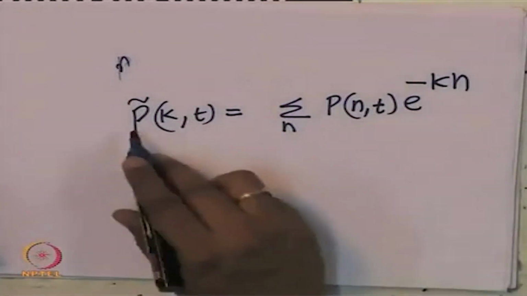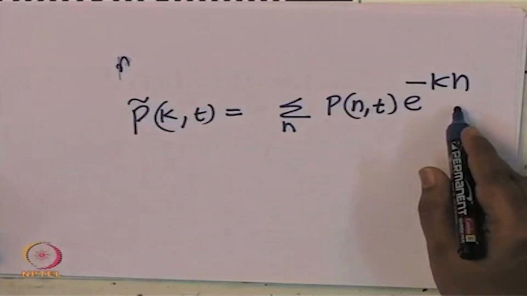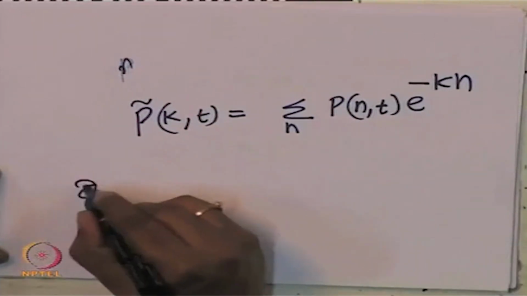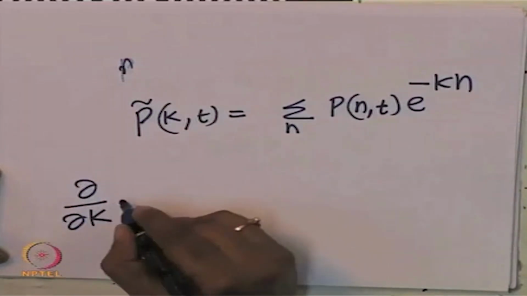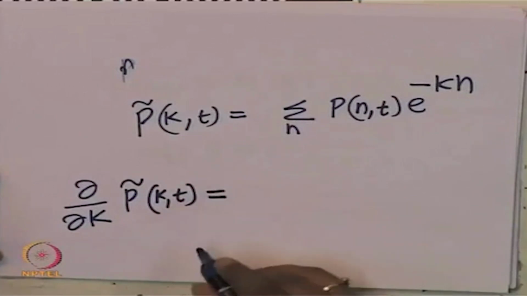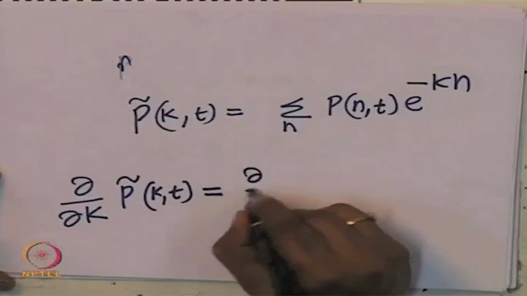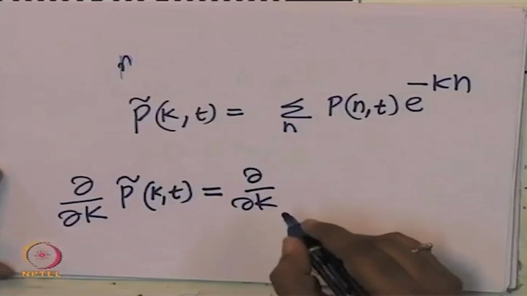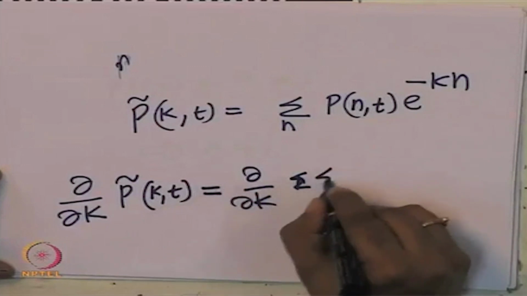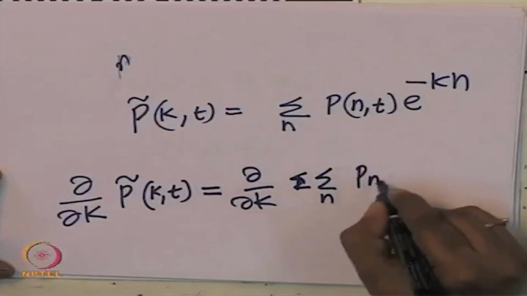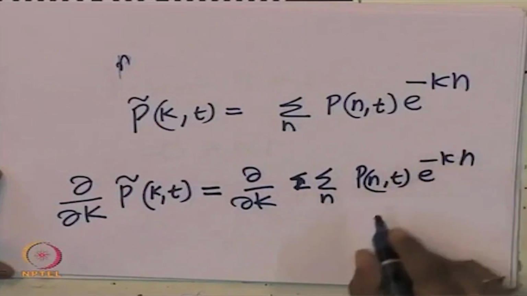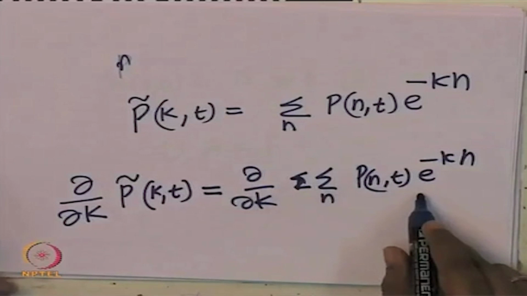Now, if I take a derivative on both sides with respect to k, so let us say I do ∂/∂k of p tilde of k, t. This is nothing but ∂/∂k of the sum over n. The sum over n I can take outside.